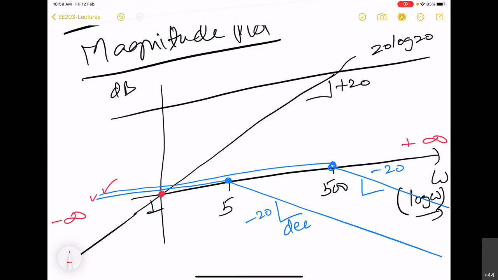Their value is 0. And this 0 at origin, its value is 0. It is only this constant term which contributes equal to 20 log 20, right?